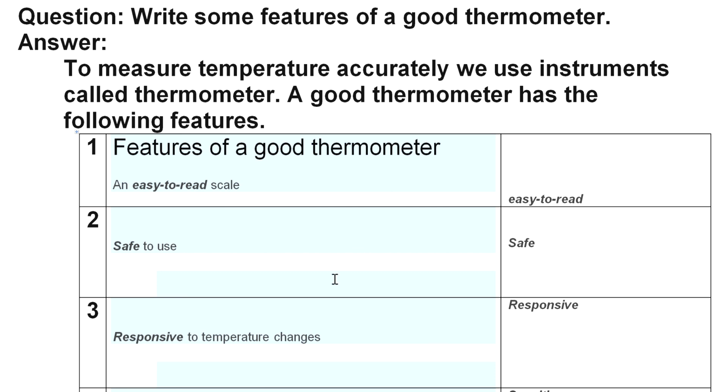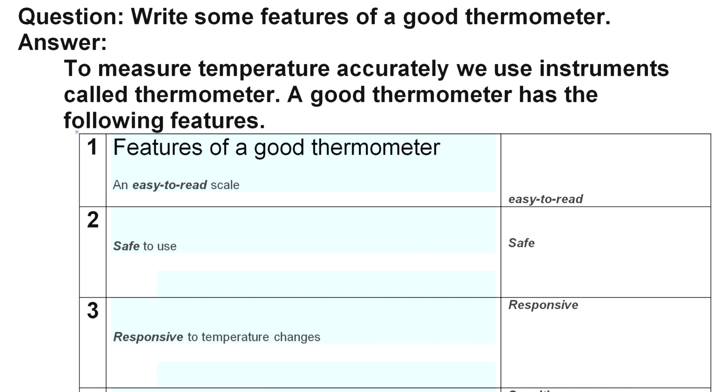First one is an easy to read scale. Students, it is very important that if we construct a thermometer, it must have an easy to read scale. An easy to read thermometer will make it reliable to use in the laboratory.